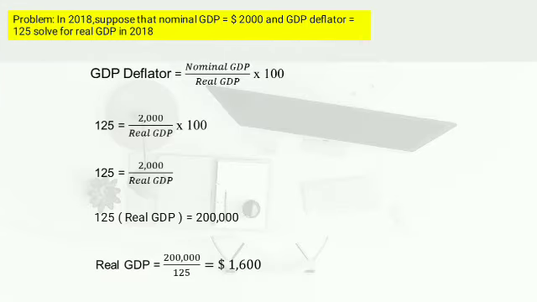This is a different problem. For example, in 2018, suppose that nominal GDP is $2,000 and the GDP deflator is 125.